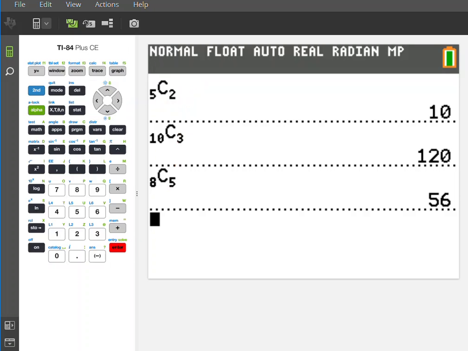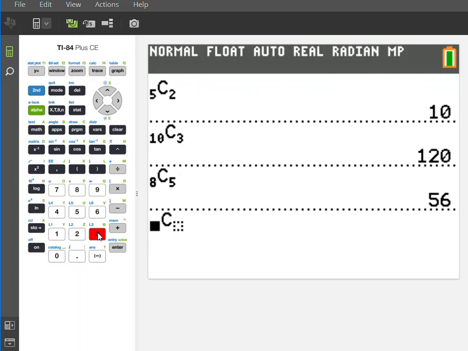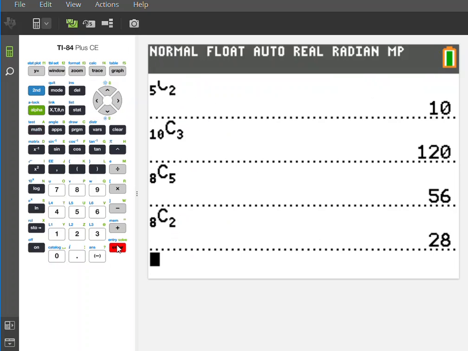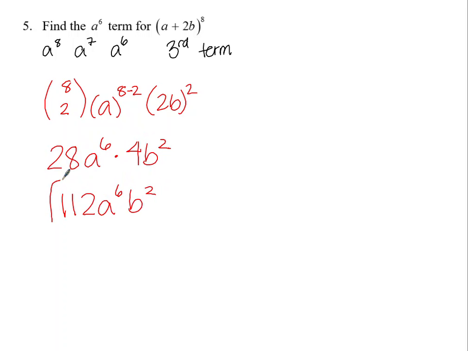So if we go to the calculator, 8 choose 2 is 28. a to the 6th times 2 squared is 4, b squared. So we end up with 112 a to the 6th b squared. And that would be the term that contains a to the 6th.